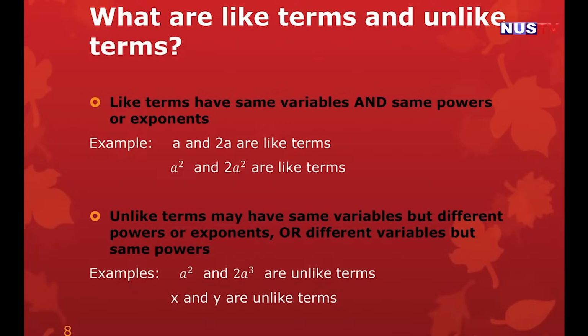Unlike terms may have the same variables but different powers or exponents, or they may have different variables but the same powers. For example, a squared and 2a cubed are unlike terms. Why? Because a squared and a cubed have different powers, although they have the same variable a. x and y, as in our previous example, are unlike terms because x is exactly x and y is exactly y.